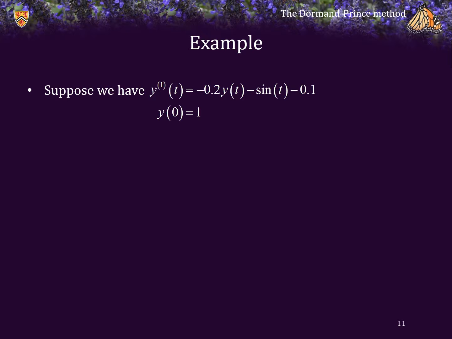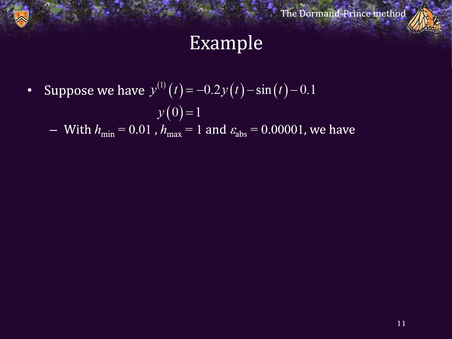Now suppose we have the same initial value problem we had with the previous example with Euler-Heun. We're going to have the same h-min and h-max, 0.01 and 1, so that the initial h value is 0.1.